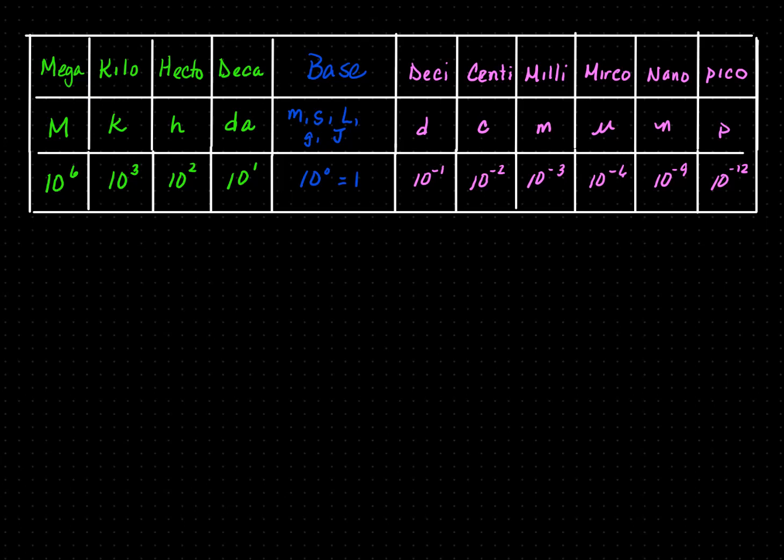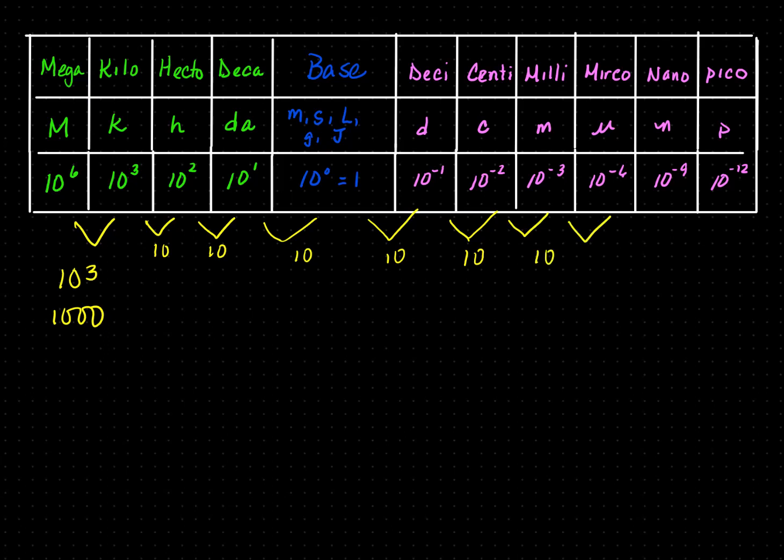If you notice, between mega and kilo, there's a difference of 10 to the 3rd, which is 1,000. Between kilo and hecto is a multiple of 10. Hecto to deca is a multiple of 10. Deca to base is a multiple of 10. Base to deci is a multiple of 10. Deci and centi is a multiple of 10. Centi to milli is a multiple of 10.